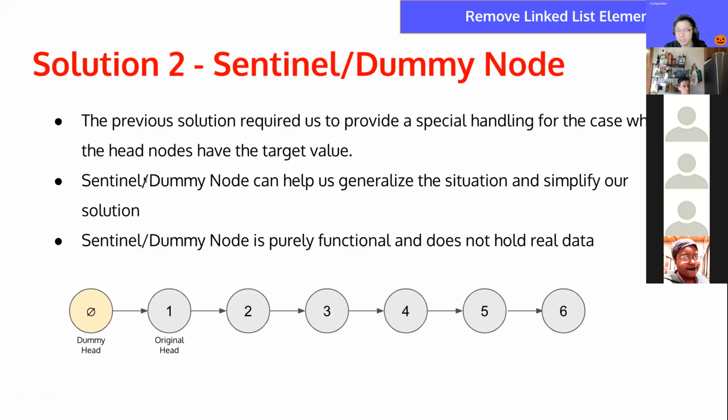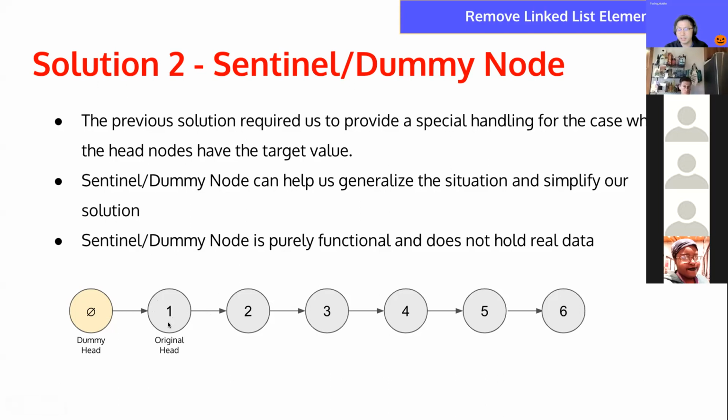To do that, the sentinel or dummy node can help us, because it's a fake node that has some random value. You introduce this as a new head, and by doing so, you make the original head a middle node, right?